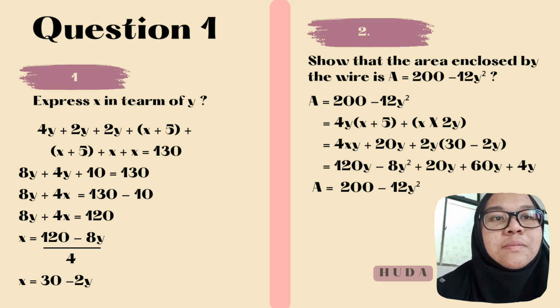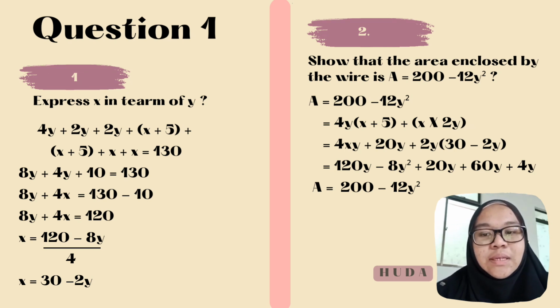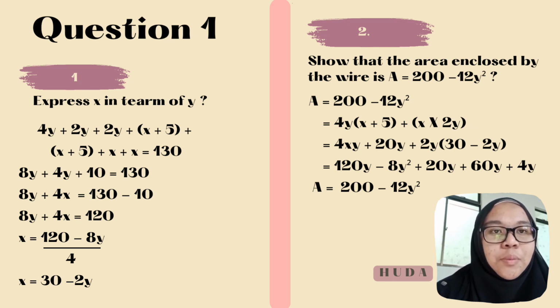And then question 2 is to show that the area enclosed by the wire is A equals 200y minus 12y to the power of 2. We want to prove it. Let's go.